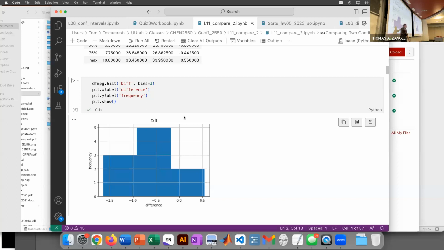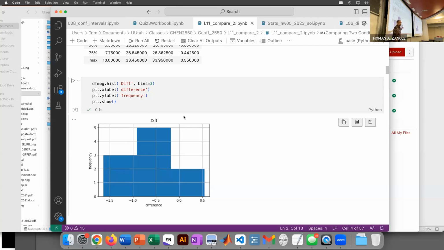Here we're plotting a histogram of the data for the difference, showing frequency versus difference between the two means. It kind of sort of looks like a normal distribution, in that it's higher in the middle and has tails on either side.